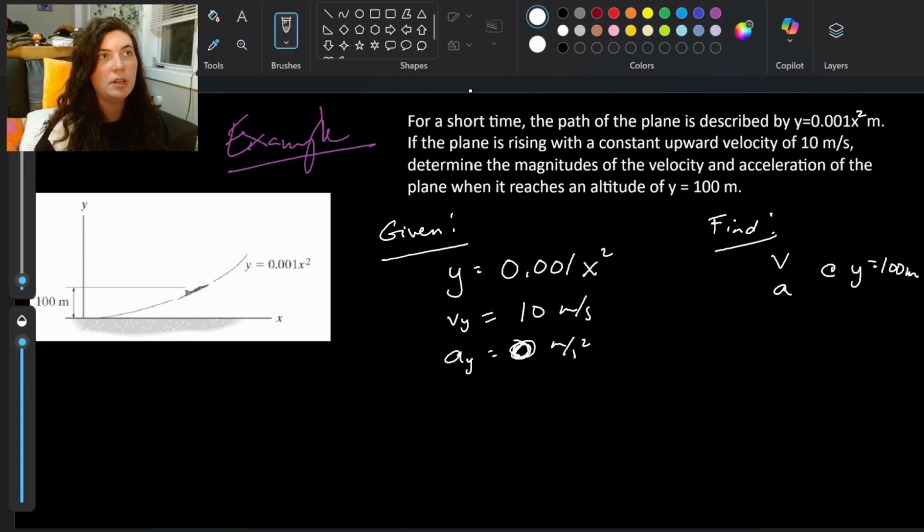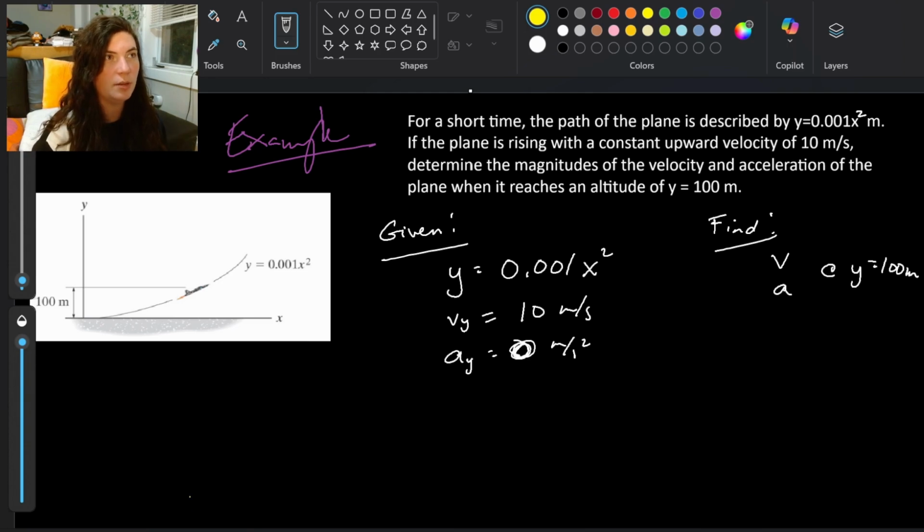We're given 100 meters, we're given a velocity, we're given this relationship between y and x. But what we're not given in any of this is anything to do with time. There's no time relationship here whatsoever. So what we're going to have to use instead is that special relationship we have between velocities and dy/dx.